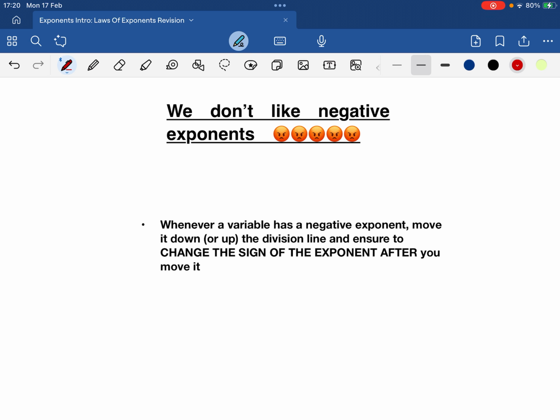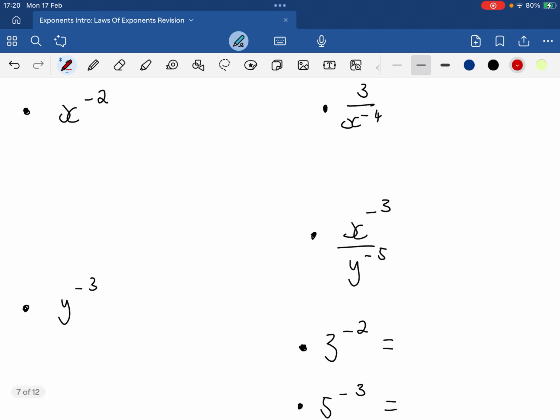Now, because we don't like them, there's a way we remedy this that is mathematically correct. And that is, whenever a variable has a negative exponent, move it across the division line and ensure that you then change the sign of the exponent to a positive one after you have moved it. Now, you'll see what I mean by that in just a second. Here's an example.